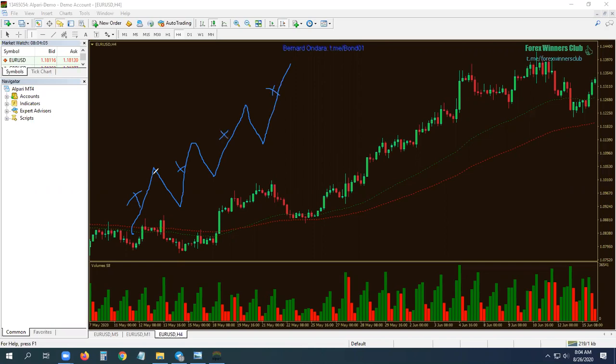However, when the market is doing this movement, volume should decrease. So in an impulsive wave, volume increases. In a corrective wave or a pullback wave, volume is supposed to decrease.